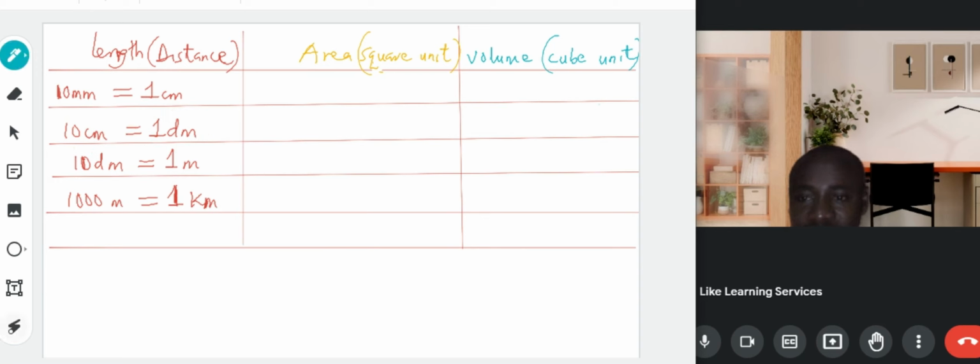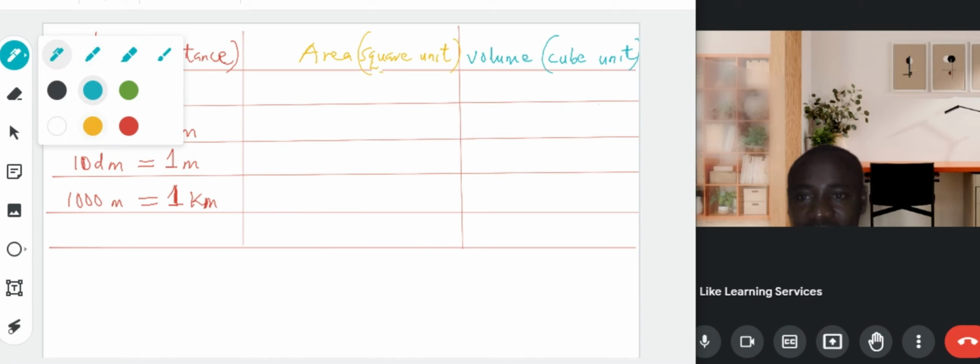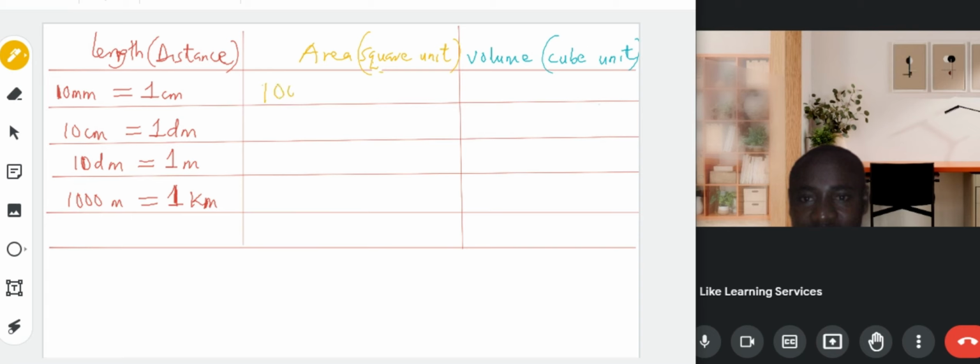So let's start with millimeter. 10 squared for millimeter will give us 100 millimeter squared is equal to 1 squared of this will give us 1 centimeter squared. Remember how we got it?